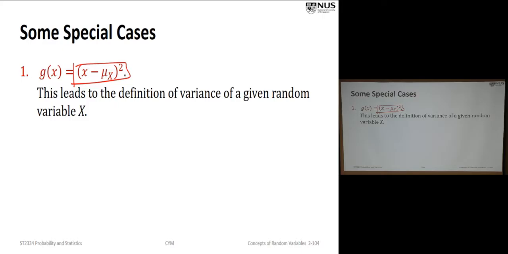But if it's very far away, we try to make the impact larger. So that's why we square it. So for example, if the mean is 5, and you have 10, the difference is 5. But if I square it, the square of 10 minus 5 will be 25. So suddenly the square of the difference will explode.